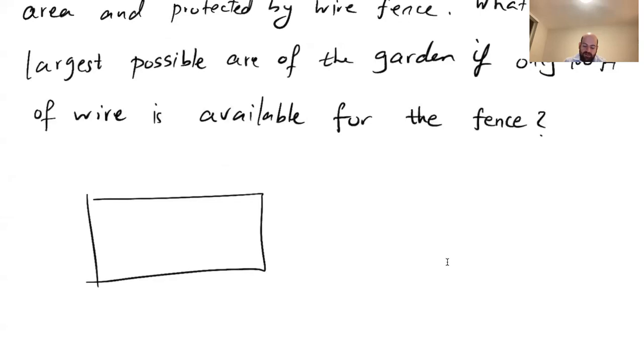Okay, so we know that the total amount of fence that we have is 100 feet, and we want to maximize the area. So we know the perimeter of the rectangle is fixed and is given. And we want to choose the length of sides of this rectangle so that the area enclosed will become maximum.